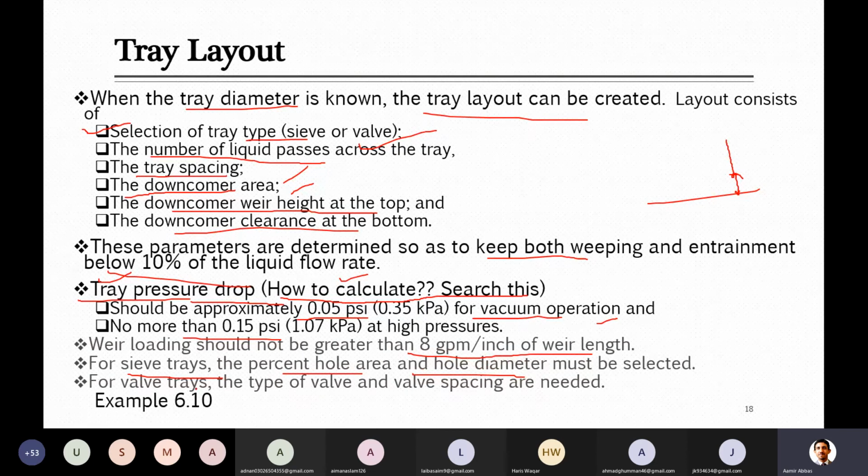If you are using valve trays, then the type of valve and valve spacing, which I think was 2 to 3 inches per valve, are also parameters to be selected when designing the column. Related to this there is another example, 6.10. Please solve it as well.